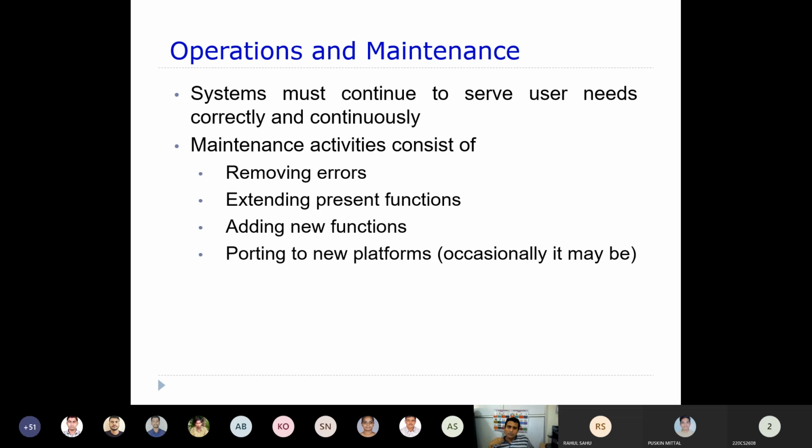Okay, or sometimes you can try to port this particular software into a different environment. Let's say you developed a software today and installed it on Windows 98. But because the operating system versions have changed in the market, now the version is Windows 10.